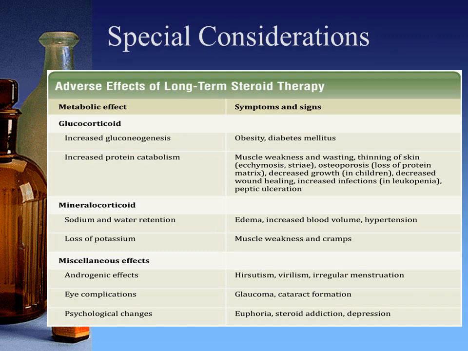In all these conditions, the steroids can really exacerbate the underlying disease and can make things worse. They really should not be used at all in patients who have systemic fungal or local viral infections, such as herpes infections.